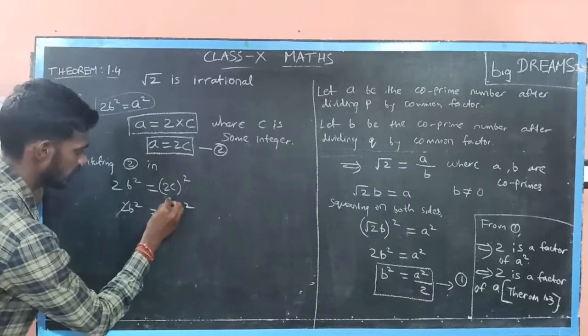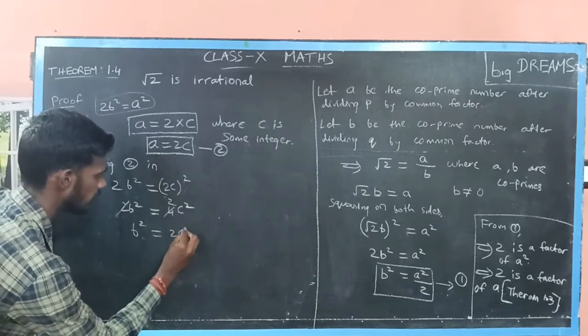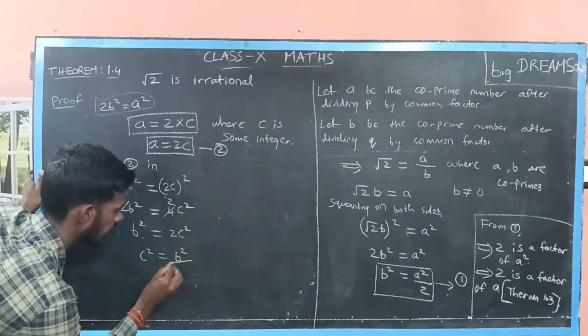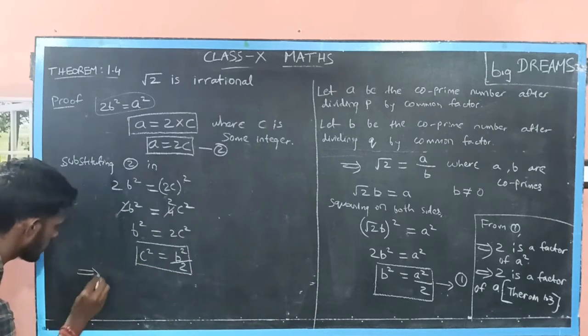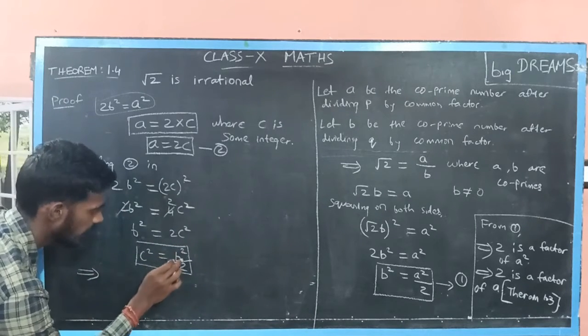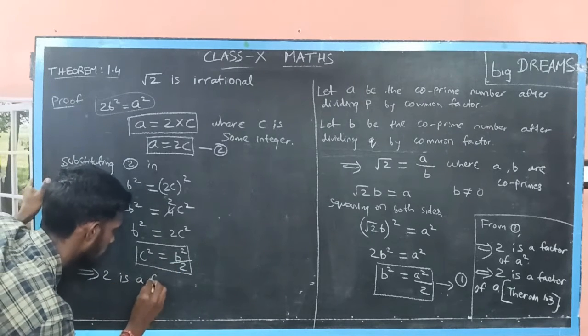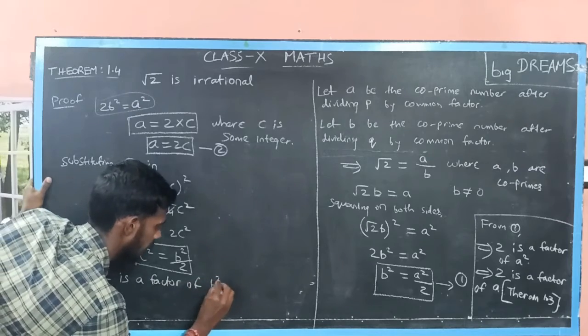Cancelling, b square is equal to 2c square. So c square is equal to b square by 2. So this statement states that b square is divided by 2. So I can say 2 is a factor of b square.